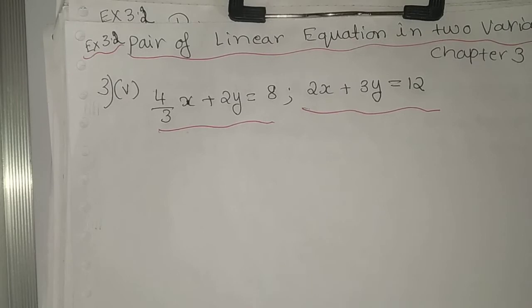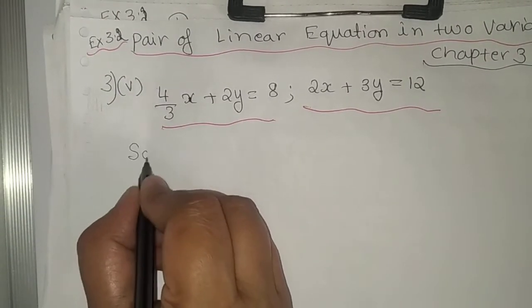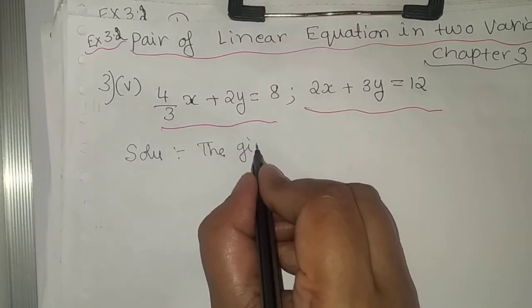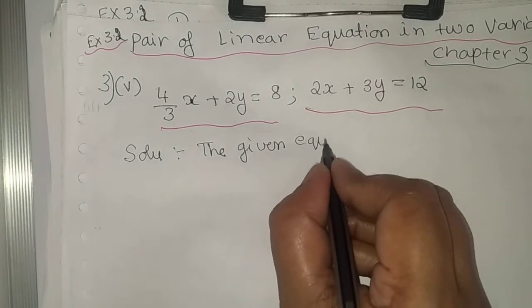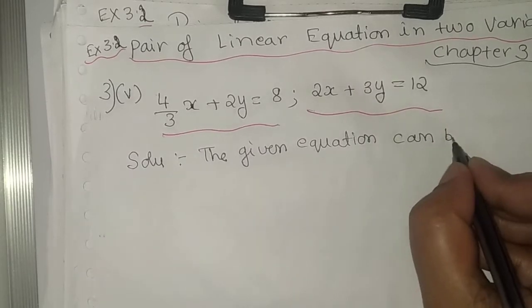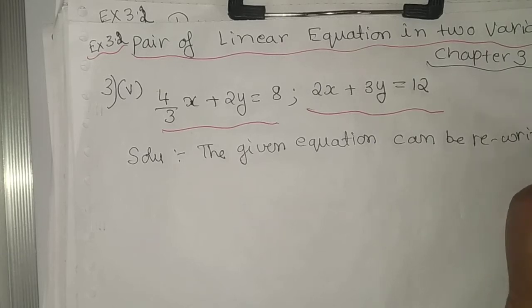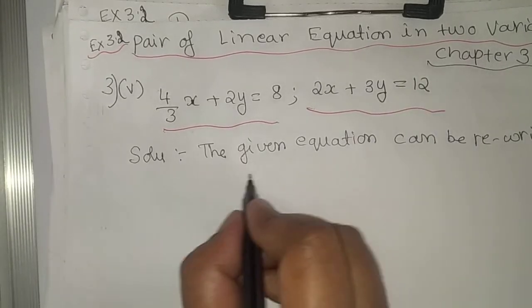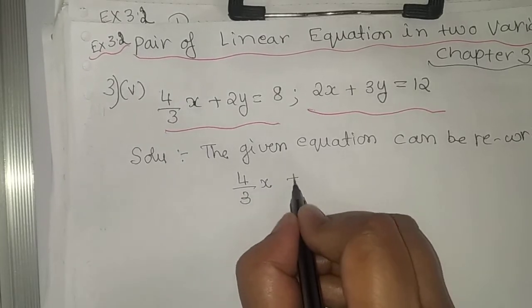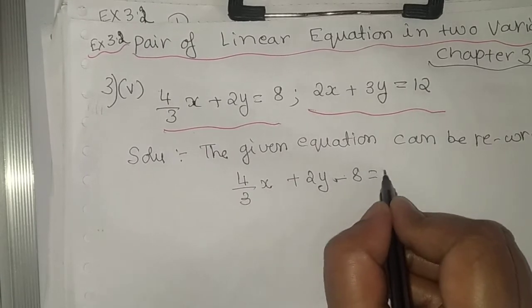The problem is this one. So as in previous problems, we write down the given equation can be rewritten as 4 by 3 x plus 2y, bring minus inside, we get minus 8 is equal to 0.